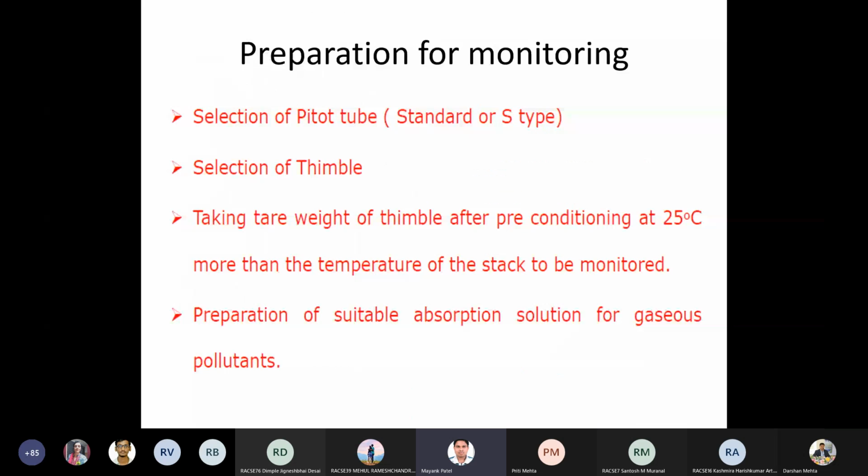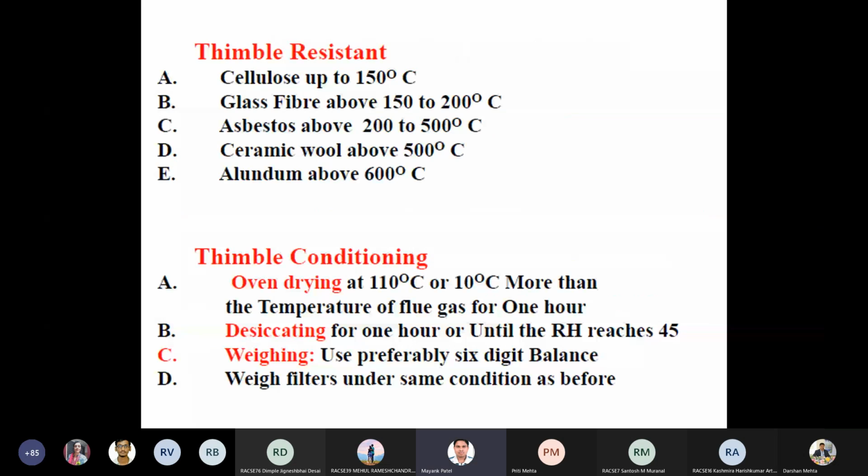Similarly, you will also put various absorbing solvents in the impinger tubes, the sampling tubes, for various gaseous pollutants, right? So thimble material will range from cellulose to aluminum based on the temperature of the stack, and thimble conditioning is done by oven drying and desiccating, right? So that is the standard procedure.